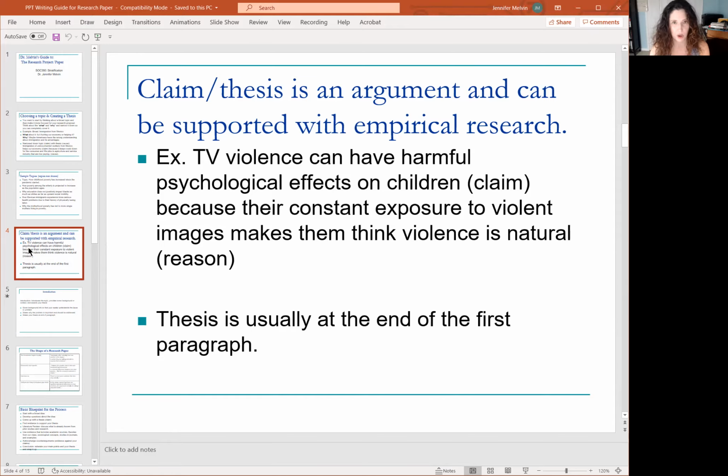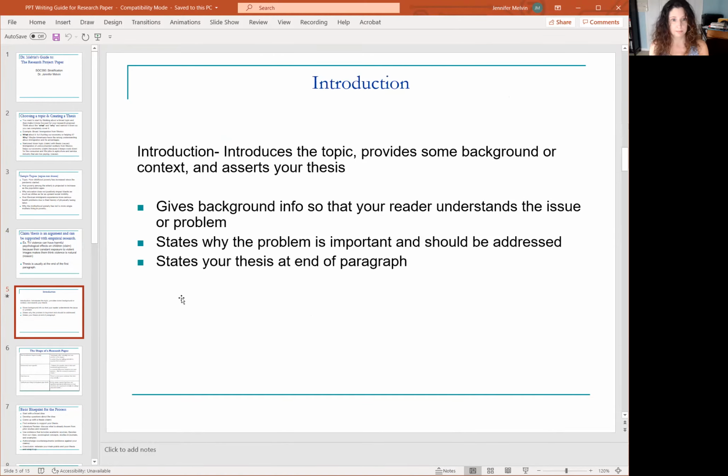So I hope that makes the claim and then the reason a little more clear. You need both of those. Put that at the very end of your introduction. So if your introduction is one paragraph, that'll be at the end of the first paragraph. I really like introductions and conclusions, so do develop those. Those are worth points.